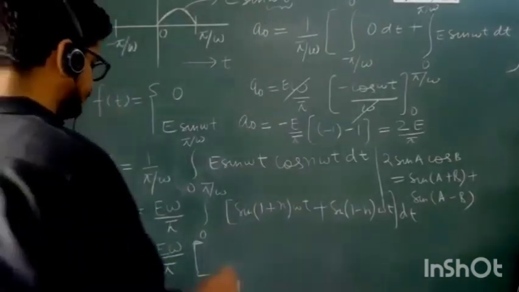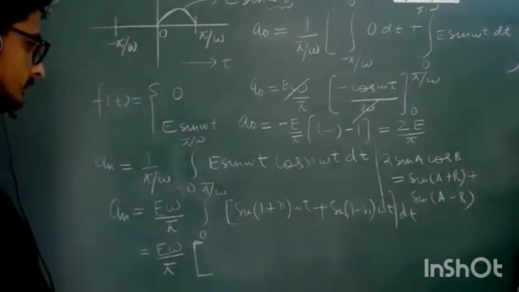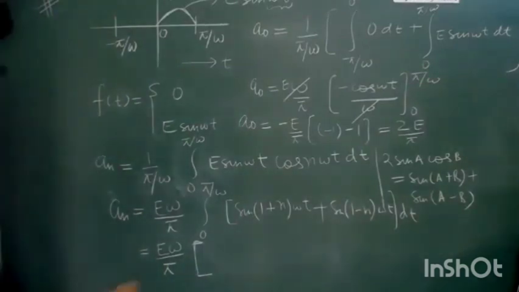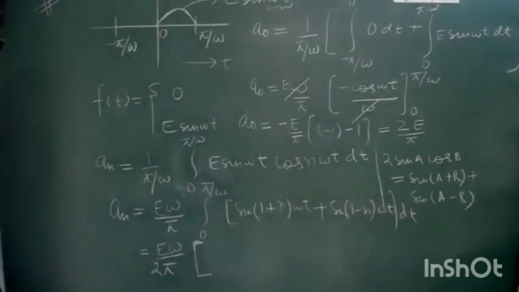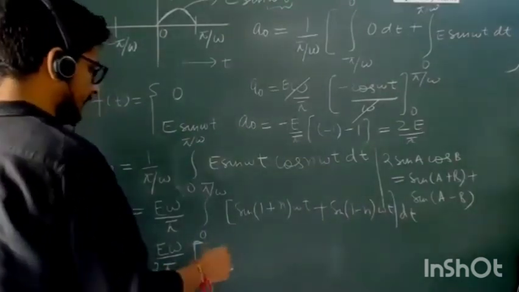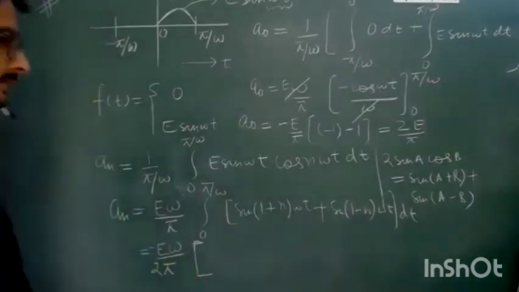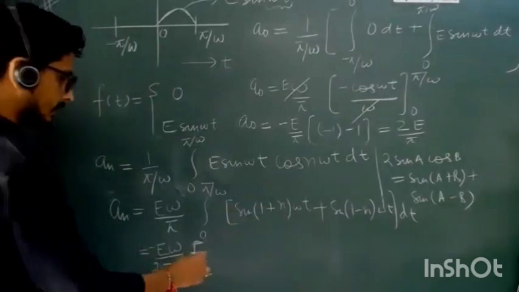and sine का क्या हो जाएगा? So it'll be e omega by 2 pi, the 2 will be in the denominator, because that 2 will be used. And sine का minus. So minus will be also taken outside, ना? Because sine दोनों का minus minus ही होगा.